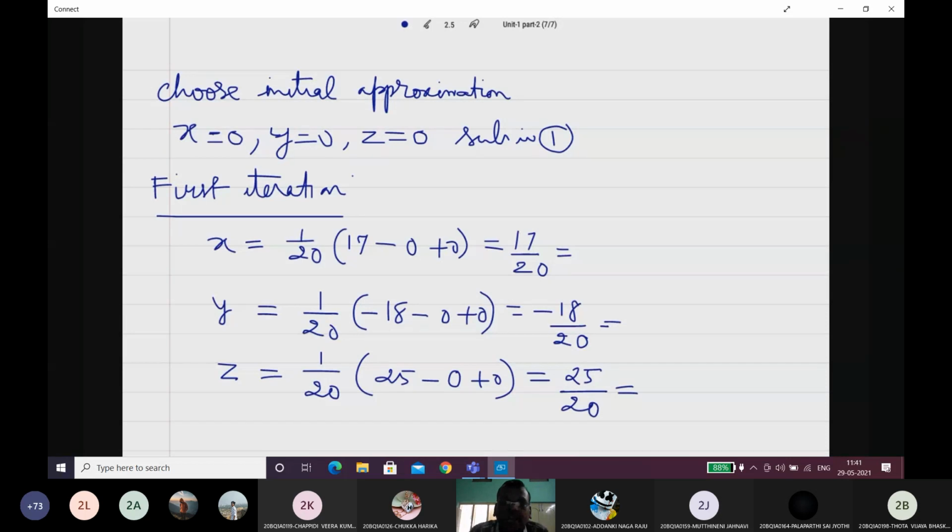Now tell me the values of 17 by 20, minus 18 by 20, 25 by 20. X is equal to 0.85. Good. Second one, minus 0.9.